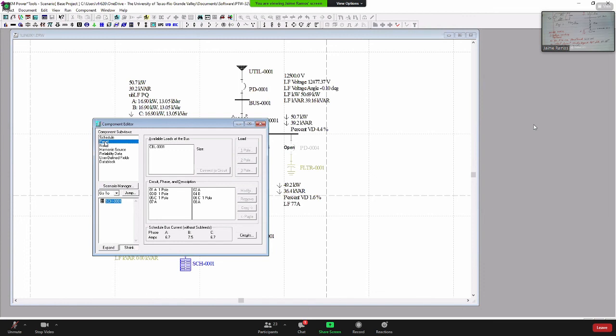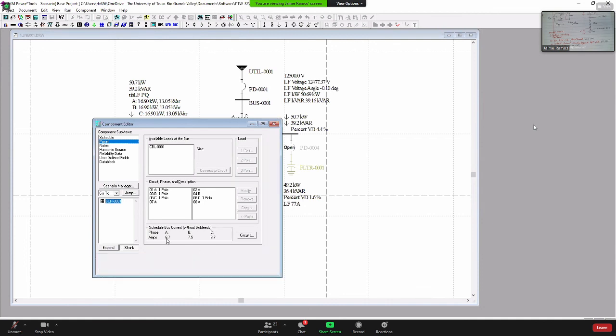Oh, it's three-phase. It's three-phase because I can see A, B, C. Okay, so 01 and 02 are on A, 03 and 04 are on phase B, 05 and 06 are on phase C. And then look at the bottom. At the bottom, we say 6.7 amps, 7.5 amps, 6.7 amps.